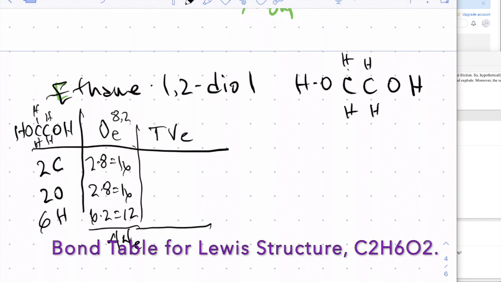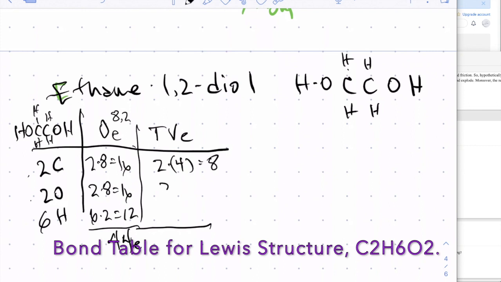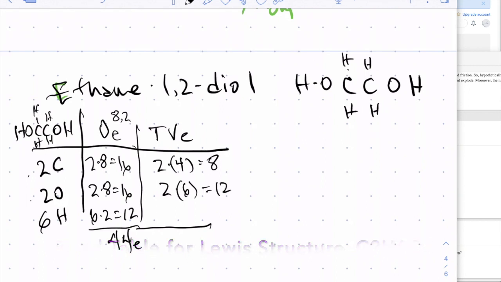If all these atoms in this particular chemical were totally happy, then we would need 44 electrons to give each atom an octet and hydrogen a duet. But in reality, carbon only has 4. So 2 times 4 equals 8. Oxygen only has 6. 2 times 6 is 12. And hydrogen only has 1. 6 times 1 is 6. In reality, the total valence electrons that we have is 26.